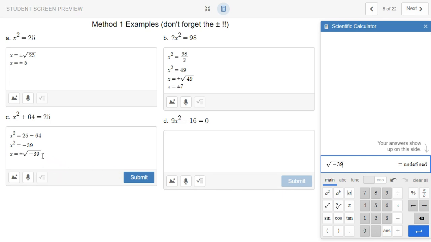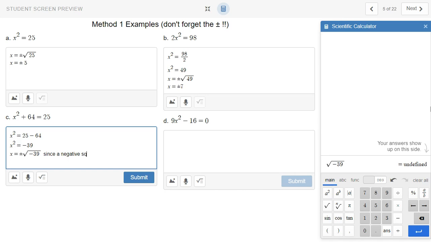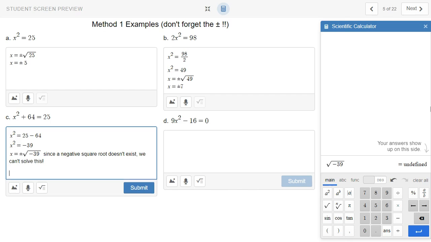So what that means is there are no roots for this question. So we can't solve this, meaning there are no x-intercepts for this quadratic.